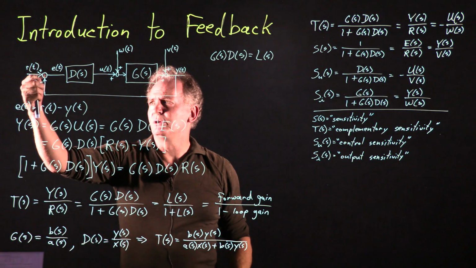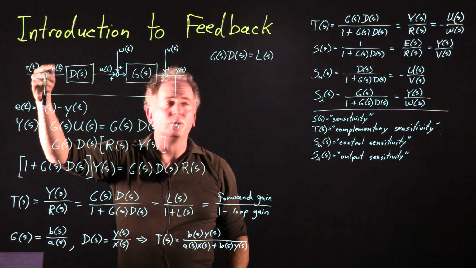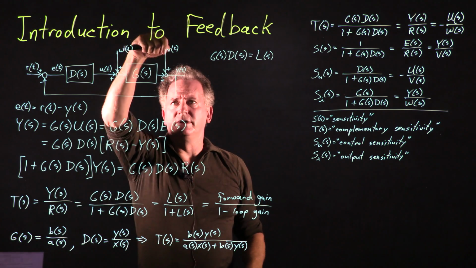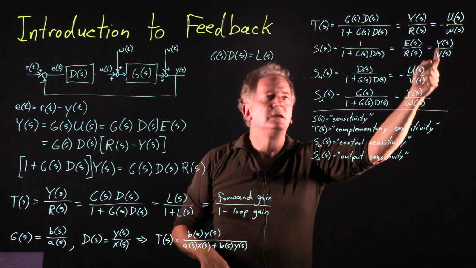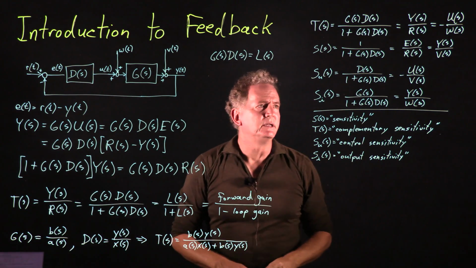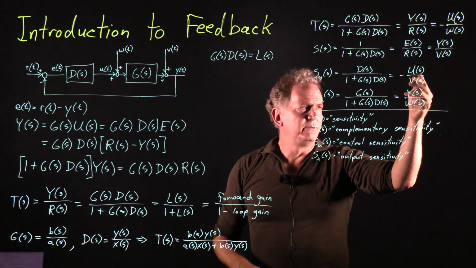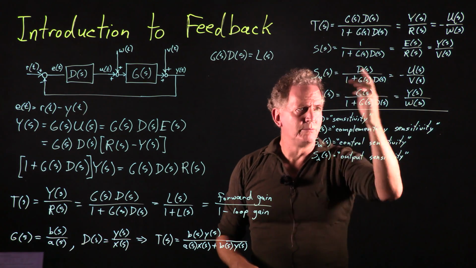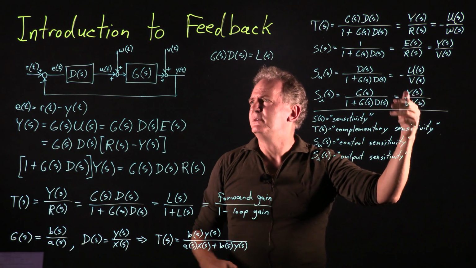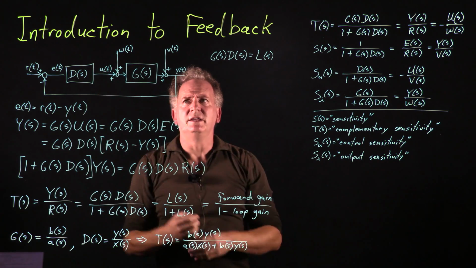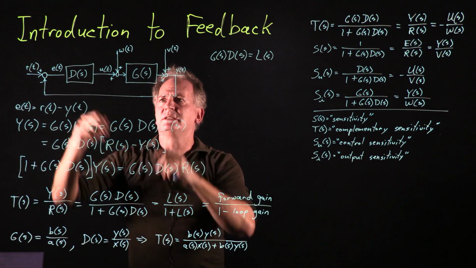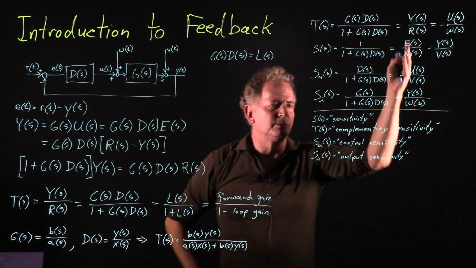And so if we have a reference input coming in here and we want to say, okay, what does the error look like, which is the same as the transfer function from V of s to Y of s, we can take a look at the transfer function from V of s to U of s, is minus that, and we can take a look at the transfer function from W of s to Y of s. And so it's different relationships between the various inputs to this problem and various signals along this problem.